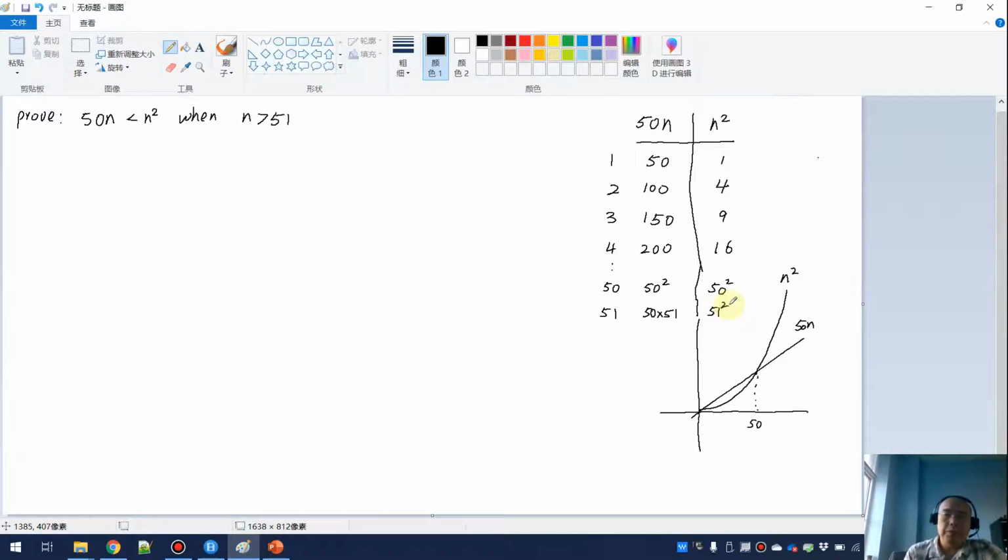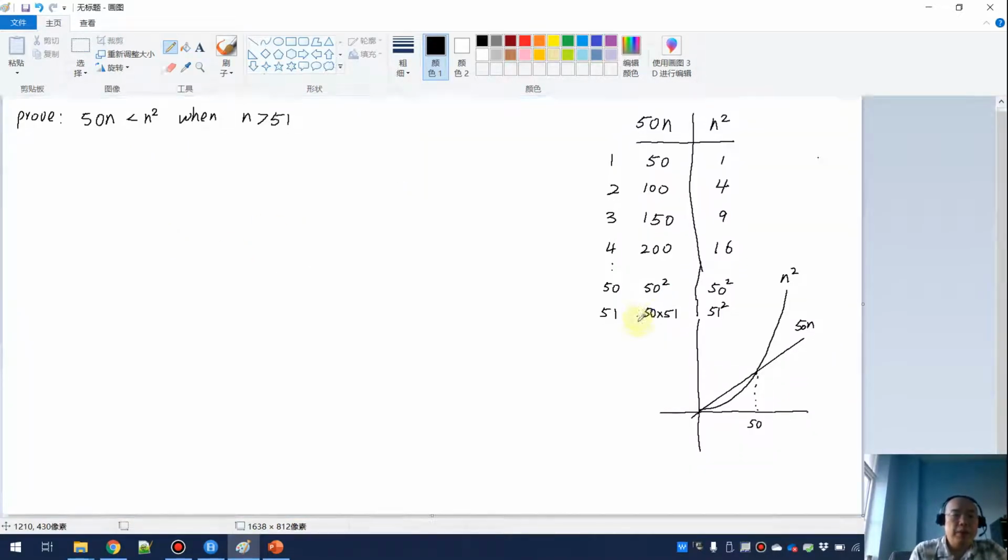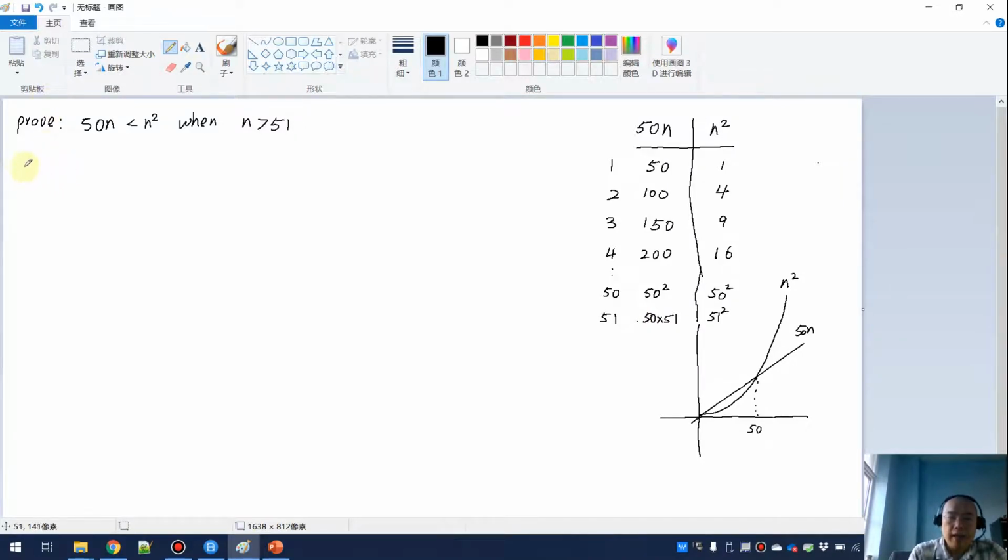This means that at least when n is 51, n squared will be larger. When n is 51, this is the basis: n equals 51, and 50 multiplied by 51 is smaller than 51 squared.